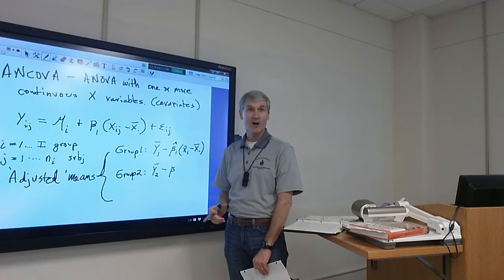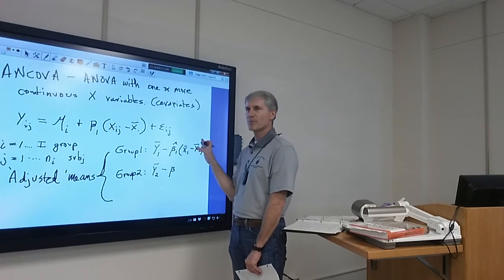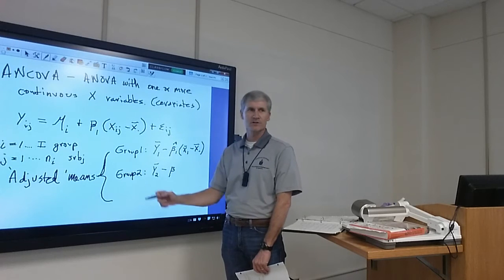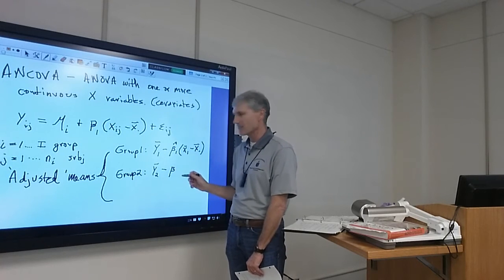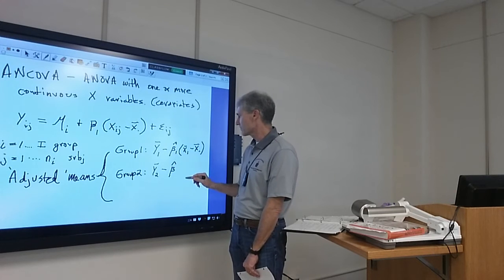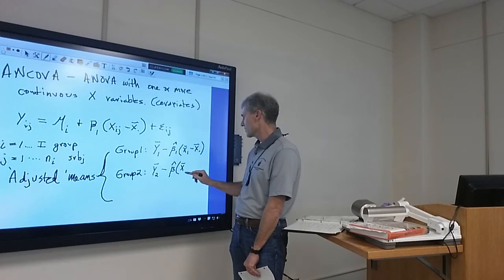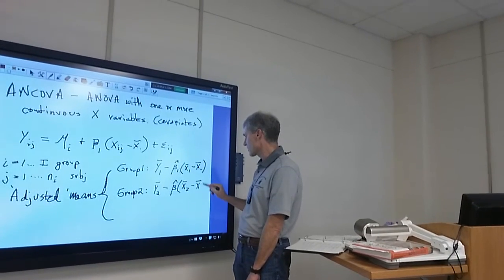Remember our equal slopes assumption? Same slope for all the groups. If we had an interaction term in the model, we could allow for different slopes, and then we'd have a subscript on that beta. But we're not going to fit that model. And then x bar 2 minus x bar dot.